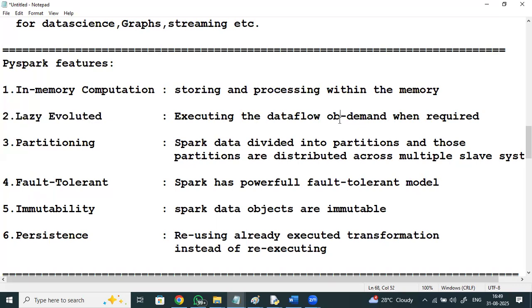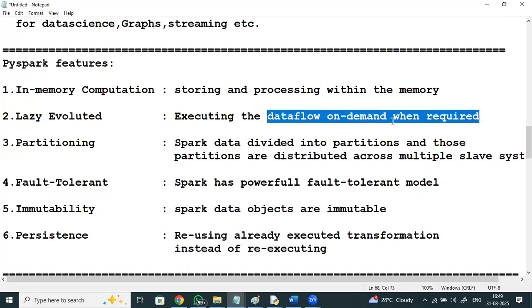What do you mean by eager evaluation? Whenever something is defined, it is executed immediately. But lazy evaluation means executing the data flow only on demand, whenever required by providing some action.